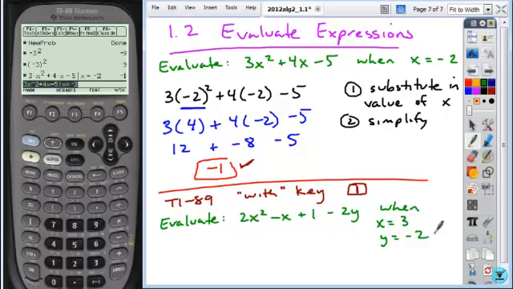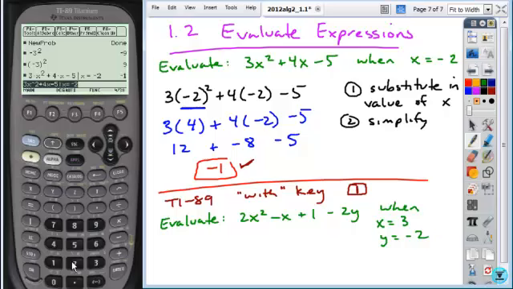Right? Again, you could do this by hand, and you could physically substitute in your values for x and y, and then just run down the common mathematical operations to simplify. Okay? Or you can use the with key on your calculator.